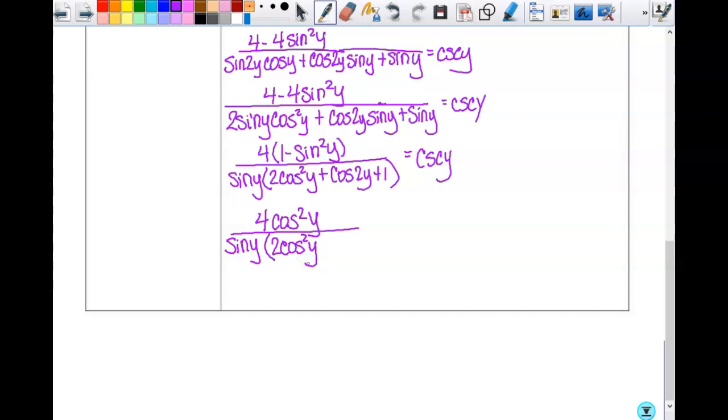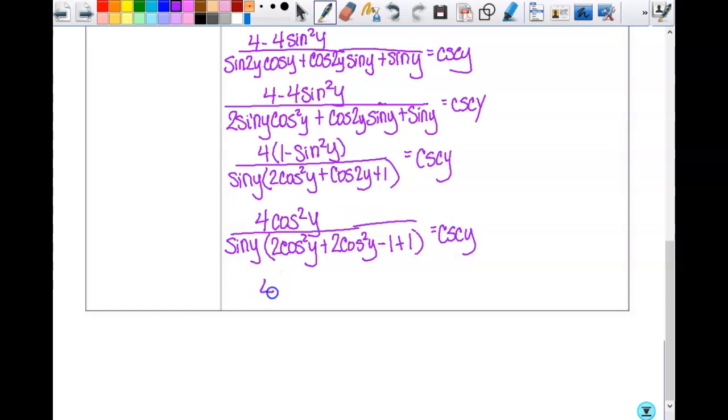That one's tricky because I got 3 options. So I want to think about what might make the most sense. Do I actually want to introduce a sine squared into this thing right now? I really don't. So I think I'd like to use the one that doesn't have sine squared in it at all, which is going to be plus 2 cosine squared y minus 1, and then I still have this plus 1 that was there. And that's equal to cosecant y.